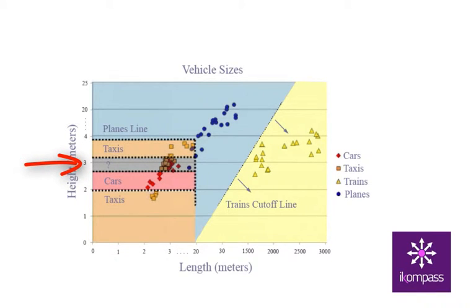We recognized that the large grouping of cars and taxis was essentially random because we could have taxis that were lengthier or cars that were lengthier, or taxis that were taller and cars that were taller or lesser. So trying to separate everything would not be useful because it's truly random in terms of height and length.